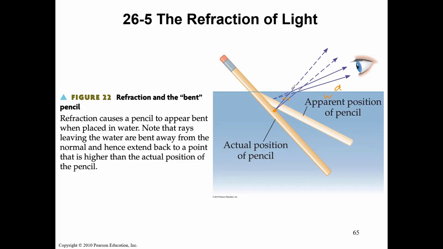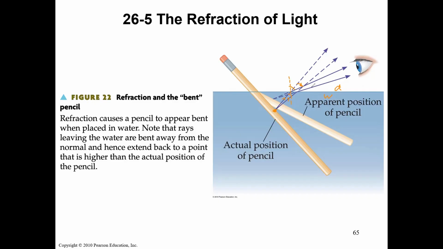Air has a smaller refractive index, so n sine theta is constant, but n is smaller, so sine theta will be larger. The angle will be larger in the air, or in other words, the light ray will bend away from the surface normal.